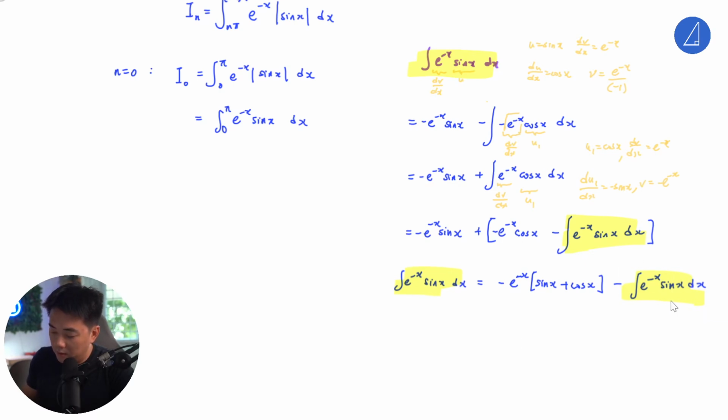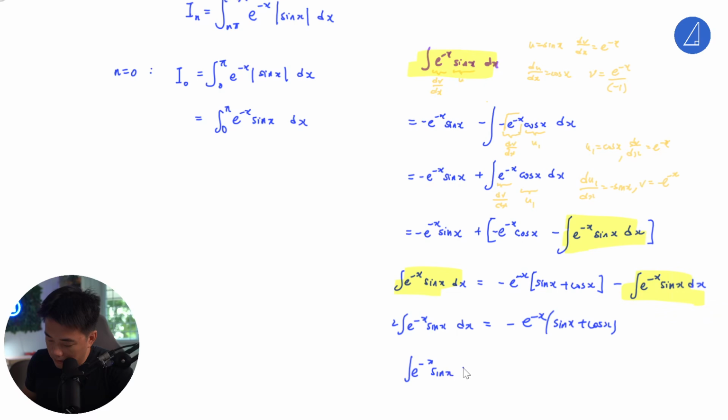You bring this over to the other side, with 2 times the integral of e^(-x) sine x dx equals minus e^(-x) sine x plus cosine x. Then the integral of e^(-x) sine x dx equals minus e^(-x)/2 times sine x plus cosine x, plus c. I don't really need the c, but you can just leave the c there, no issue.